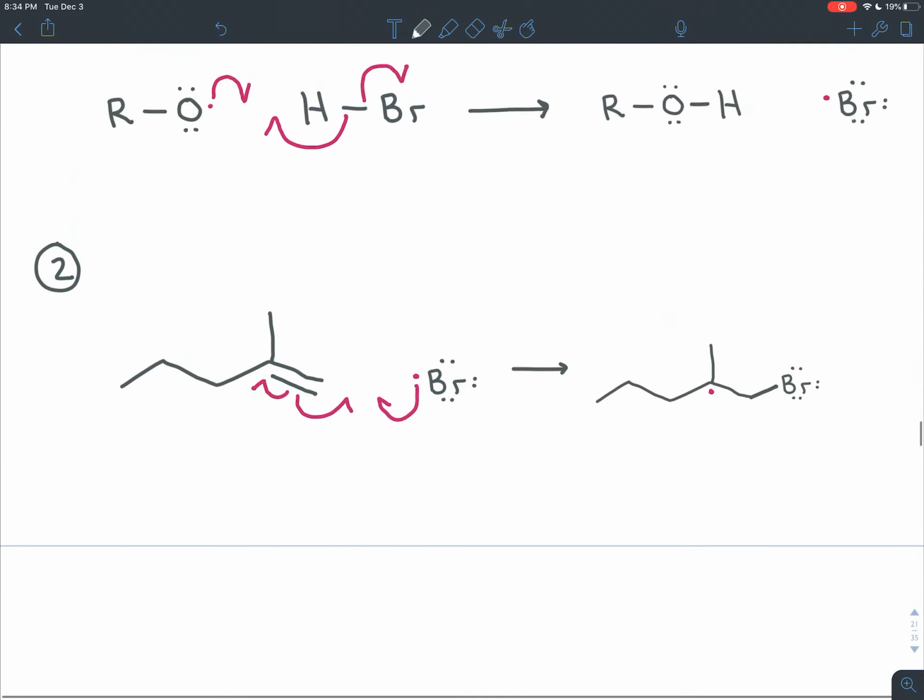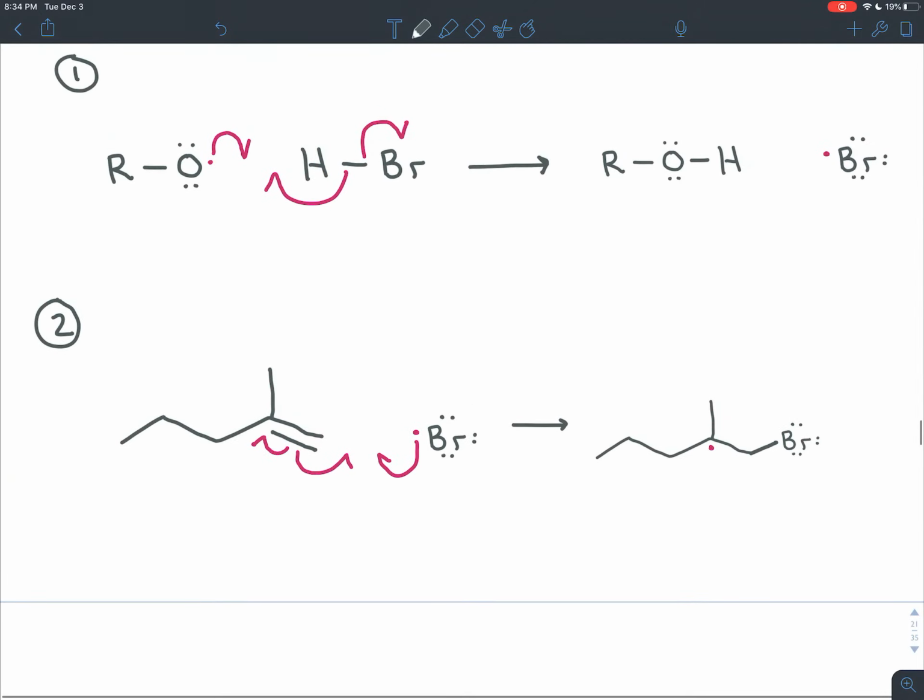So that would be our second propagation step. In the first propagation step, the oxygen radical created a bromine radical. In the second propagation step, the bromine radical breaks the pi bond and forms a new bond to the less substituted carbon to give you the more substituted radical.